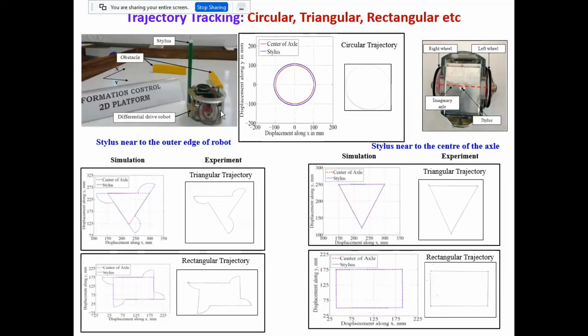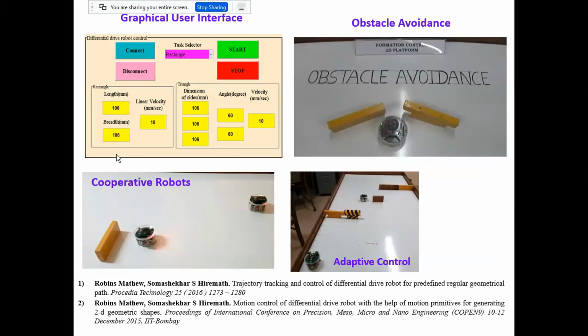This is used to form the different types of trajectories as given by the user. You see circular trajectory, triangular trajectory, many regular trajectories. For this, we have developed GUI-based modes. This is user-friendly. There are well-defined tasks here to move your EPEC robots.